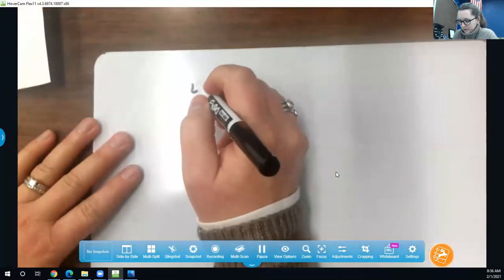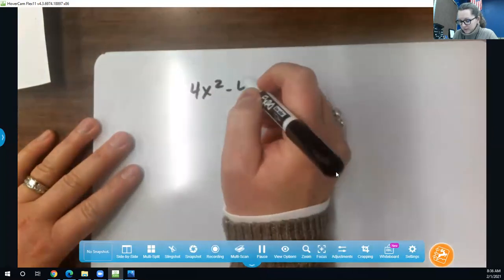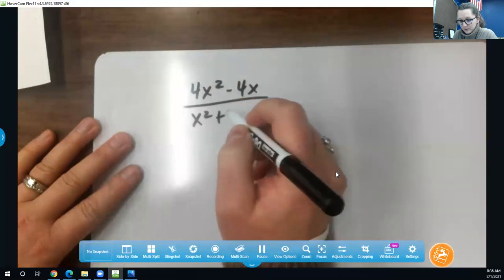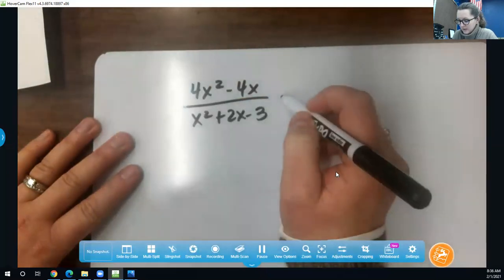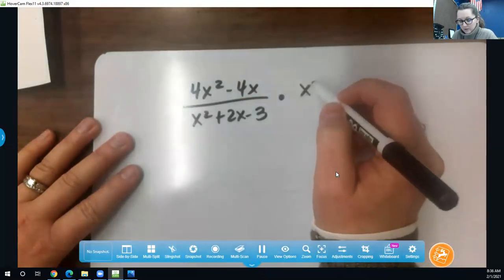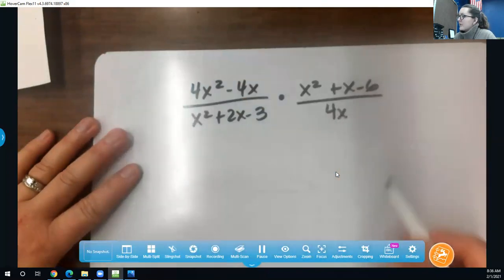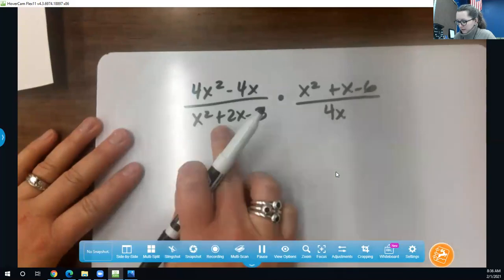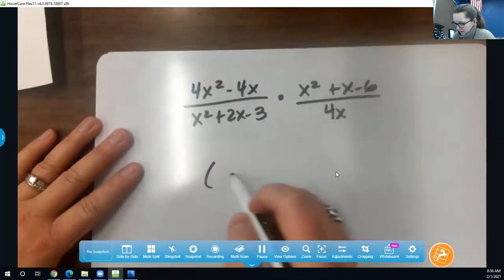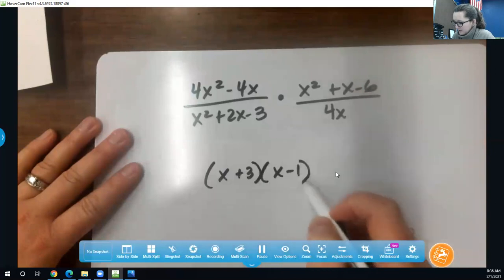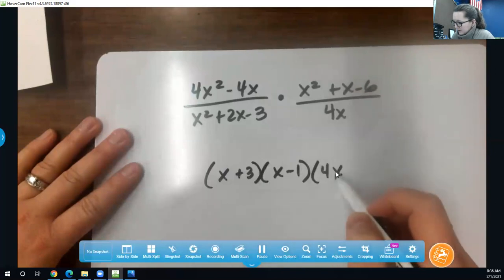My function here would be 4x squared minus 4x divided by x squared plus 2x minus 3, times x squared plus x minus 6 divided by 4x. So I'm going to think about it like this. If I factor this, I'm going to say, okay, this is x plus 3, x minus 1, and then I have a 4x here.